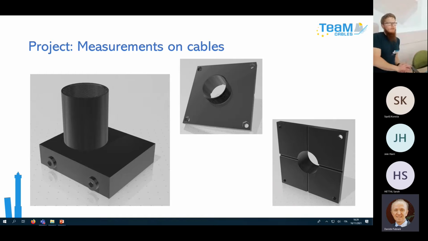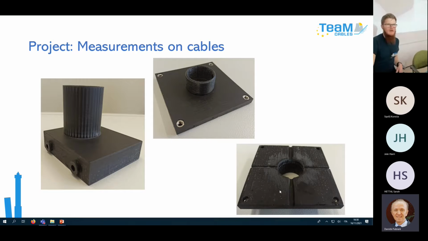To make sure that we have our cables at a constant distance to the probe head, we constructed this sample holder here, which will be put on the reflection probe head.